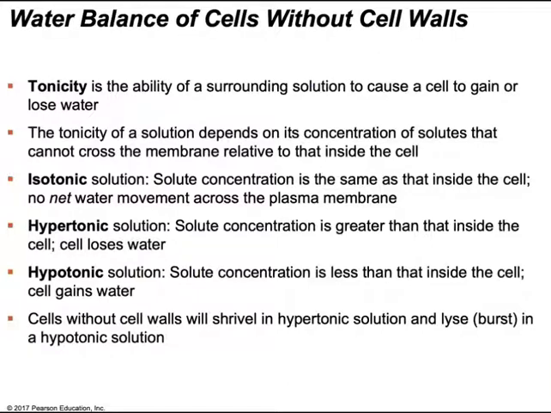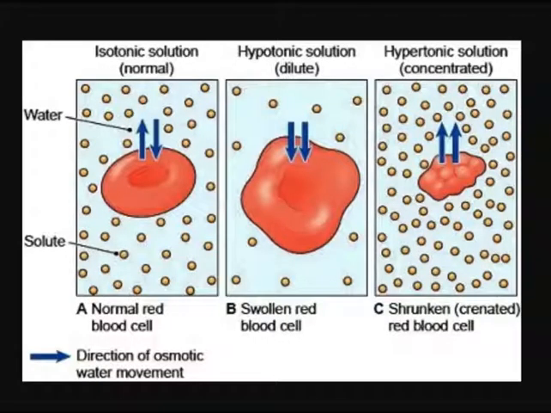The next type of tonicity is hypertonic solution. In a hypertonic solution, the solute concentration is greater than that of the concentration inside the cell, and therefore the cell loses water. The panel on the right shows cells in hypertonic solutions.